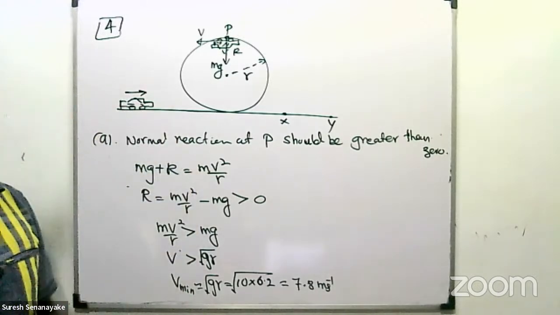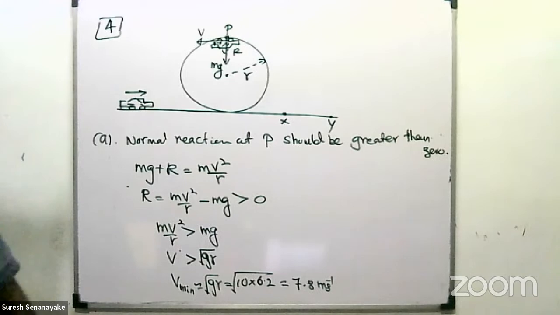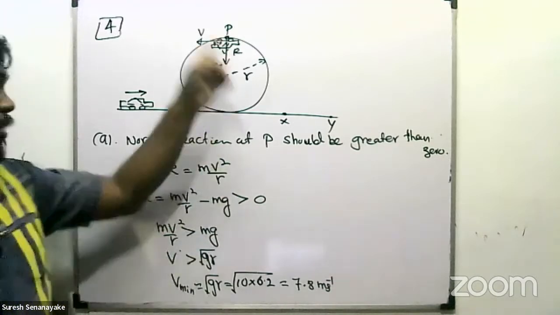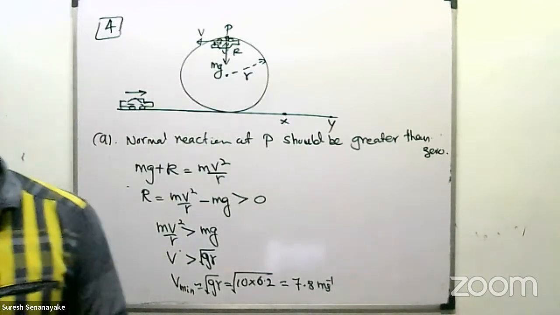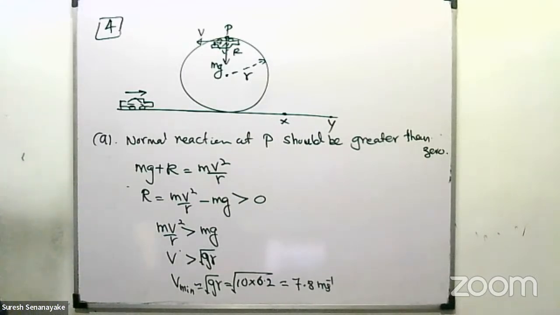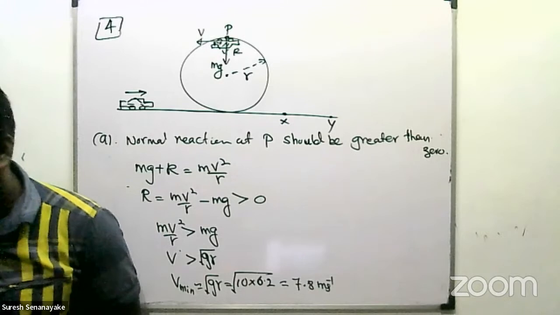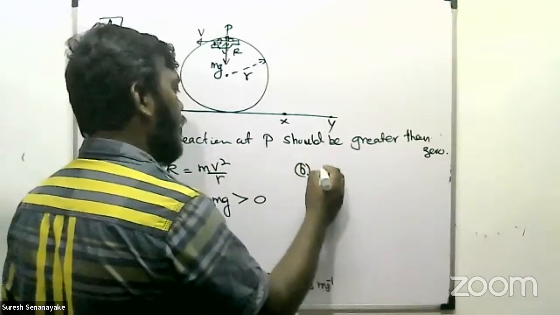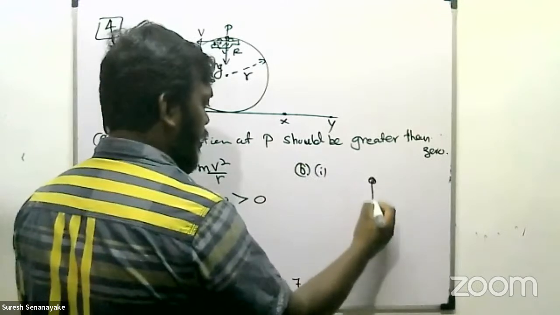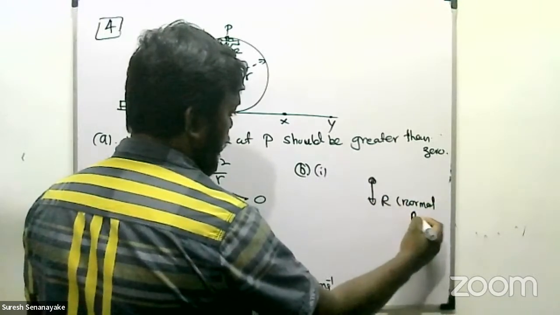Topmost point, vertical motion. Part B: during one attempt, the car is moving at a speed of 9 meters per second at point P. Draw a labelled diagram showing the vertical forces acting on the car at P. Let's say this is the car and this is R, the normal reaction, the contact force.